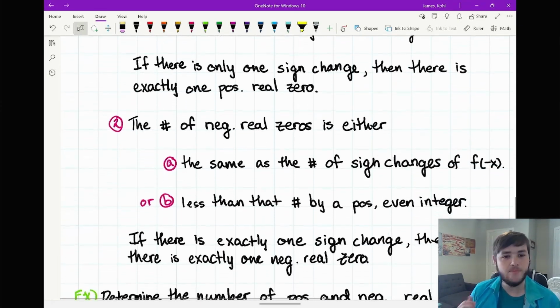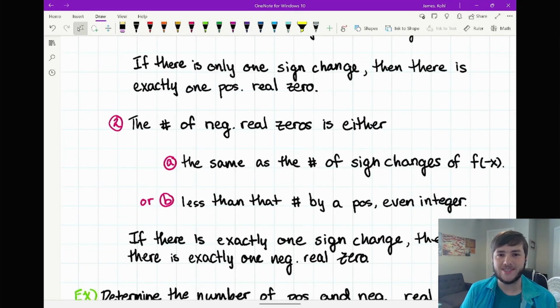And the number of negative real zeros is very similar. Here, we look at f of negative x and count the number of sign changes.